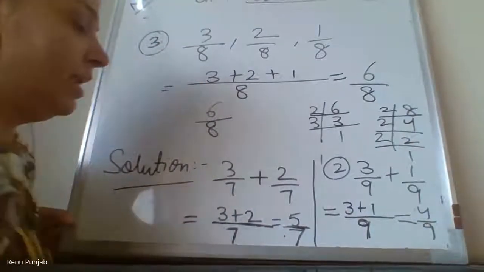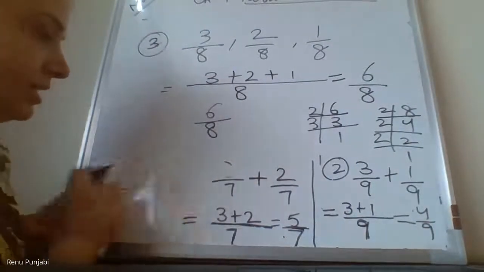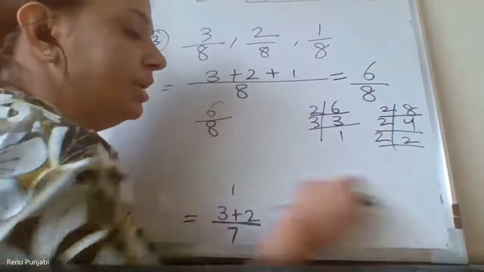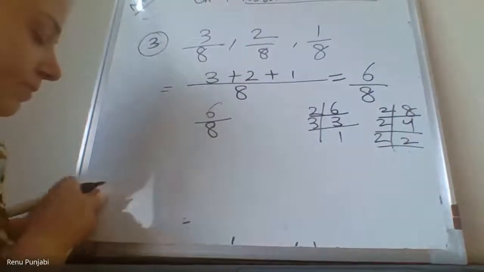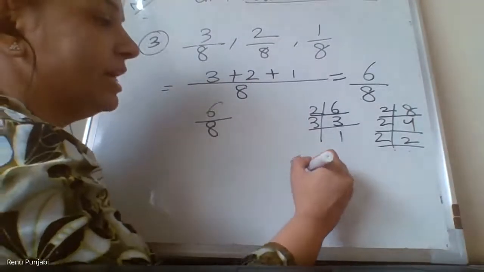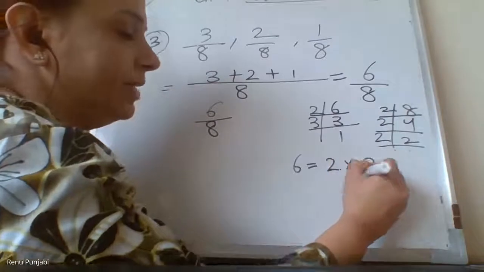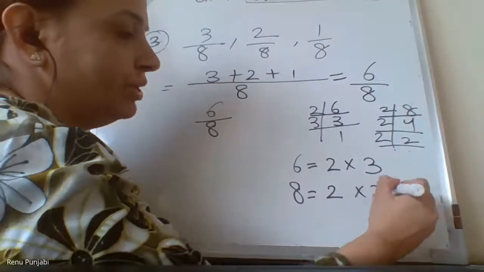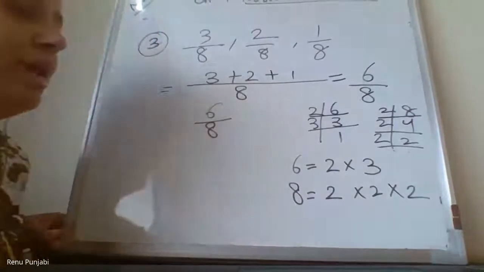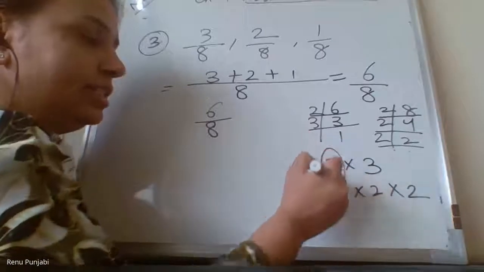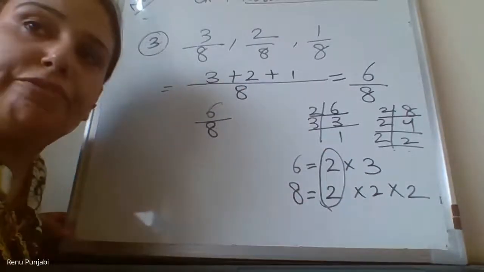Now we will write which is the highest common factor in both the numbers. The factors of 6 are 2 into 3, and the factors of 8 are 2 into 2 into 2. Now you can see which is common in both the numbers. This 2 is the highest common factor.